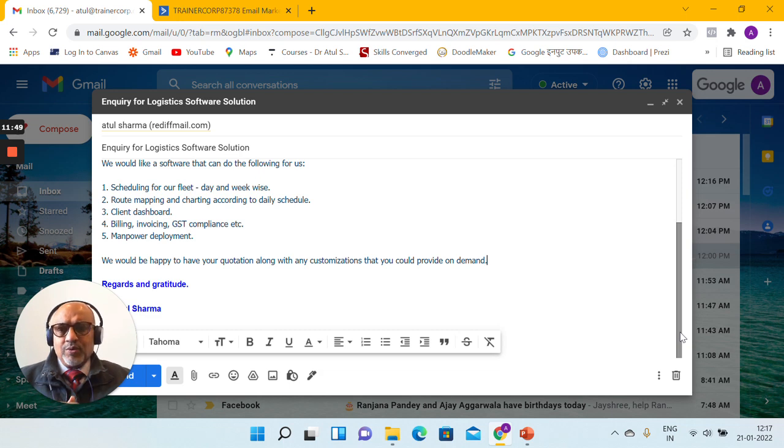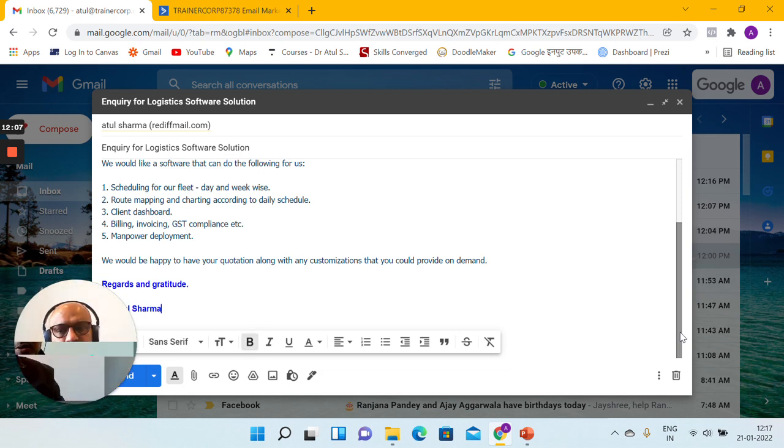So they will give us a quotation, then they will also tell us about the customizations that they could provide on demand. Some companies, for some customizations, do not charge anything, but if the customization requires a lot of work at the back end, they might charge more. So this is the full quotation.